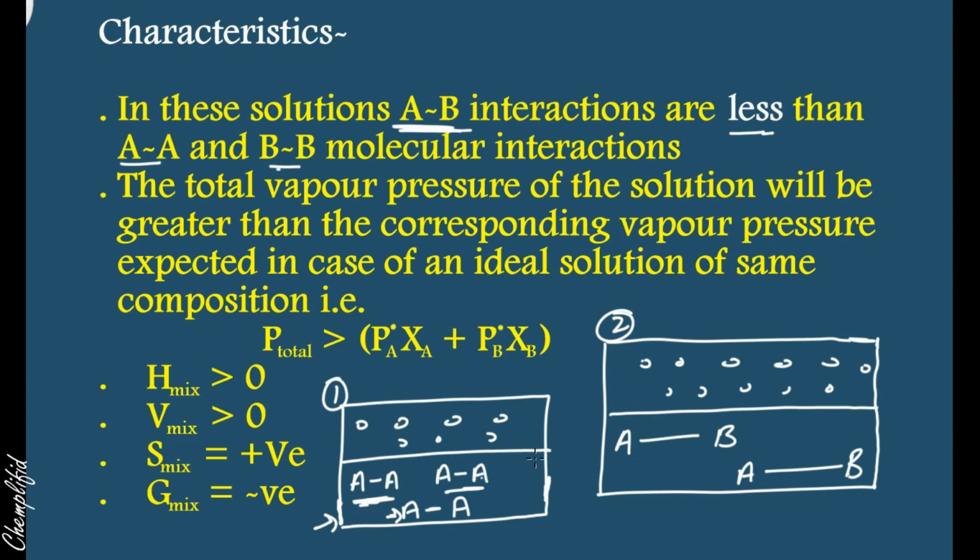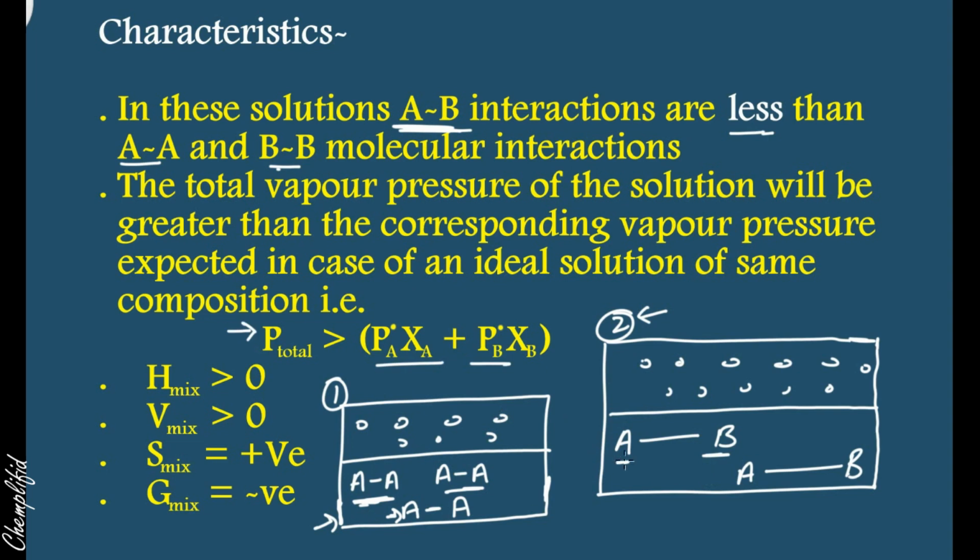But as soon as you mix them in a solution, in our second diagram, the interaction of A and B is not good. They don't want to be close together. There is no good force of attraction between them. What is happening because of that? They are far from each other. They don't want to come close to each other, due to which the characteristic of volatile behavior increases and vapor pressure increases, which means the total pressure is greater than the pressure shown by Raoult's law.